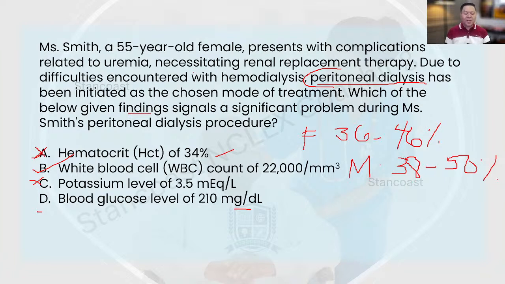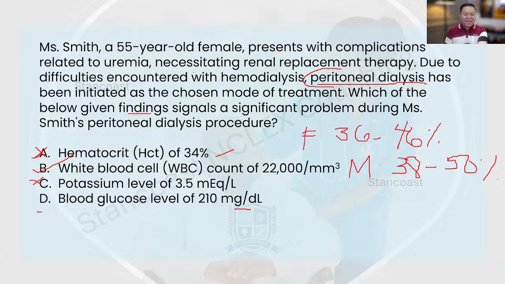And so for now, the testing strategy at this point is again to understand the context. So the question is about identifying the significant problem during the PD. So we need to recognize that the complications associated with the PD can include infection, especially peritonitis. So it really pays, if you are really listening to the discussion, it would really help you quite a lot.